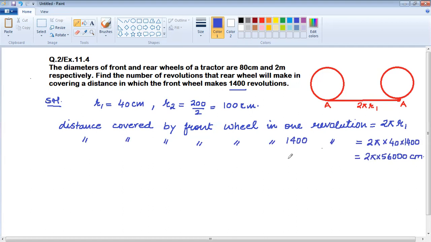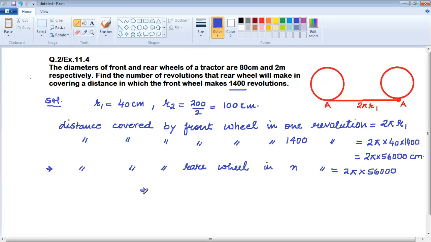Now the question says that the distance covered by both the wheels is same. So it means distance covered by rear wheel, suppose the number of revolution is n. So in n revolution, it would be same. So it is also 2 pi times 56,000.